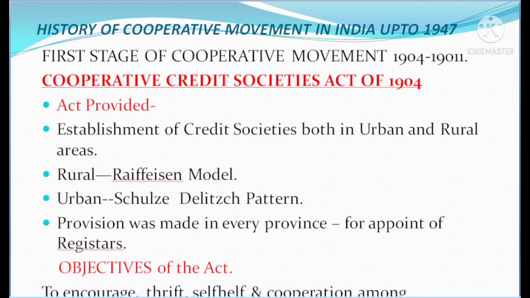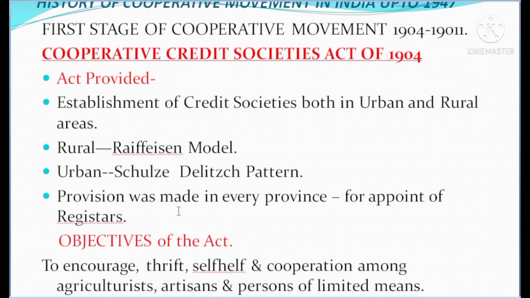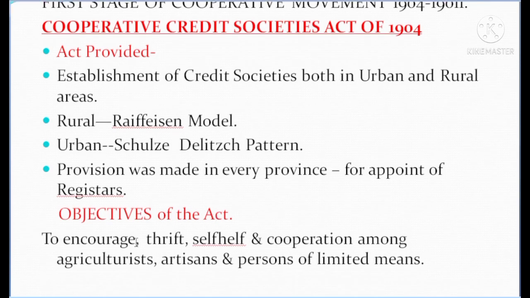Provision was made in every province for appointment of registrars. So registrars were appointed in every province. The objectives of the act were to encourage thrift, self-help and cooperation among agriculturists, artisans and persons of limited means.